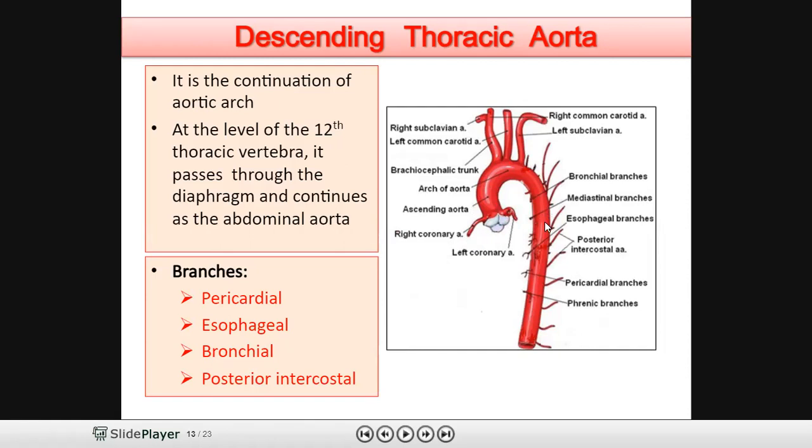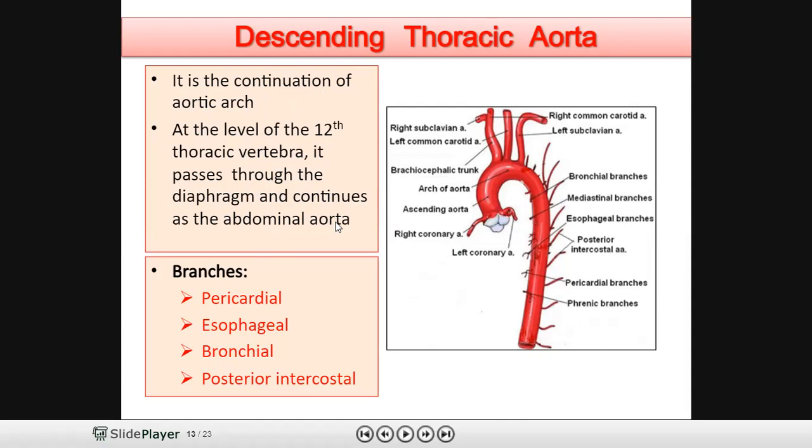So the descending thoracic aorta is the continuation of the aortic arch, as you can see here. Descending thoracic aorta is the continuation of the aortic arch at the level of the 12th thoracic vertebra. It passes through the diaphragm and continues as the abdominal aorta.